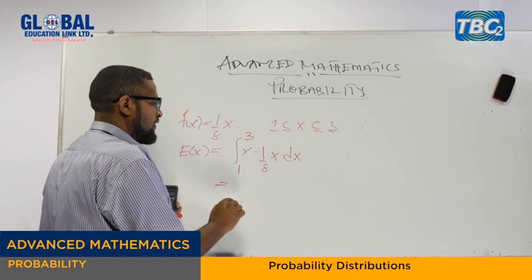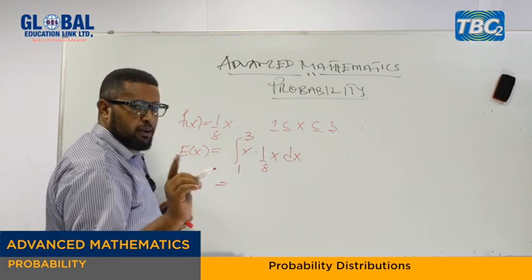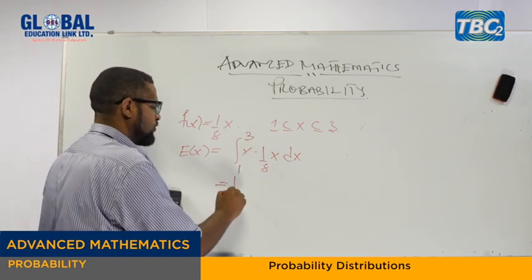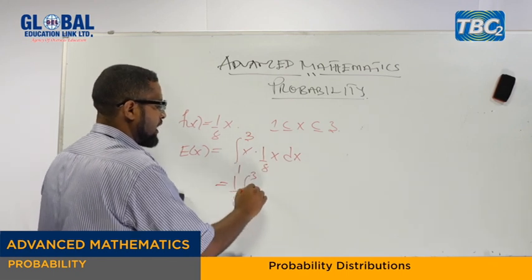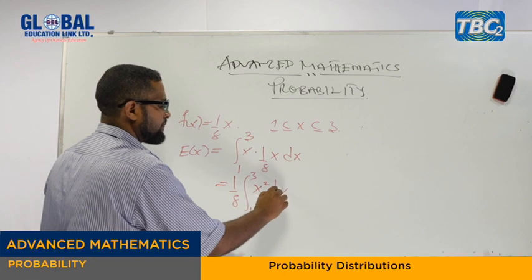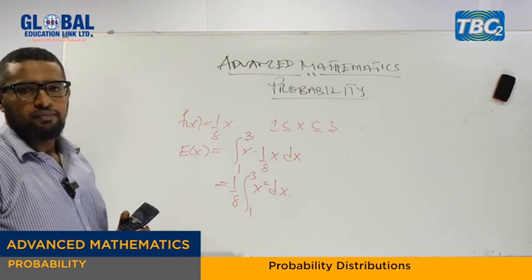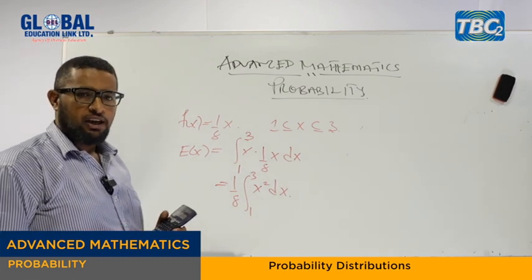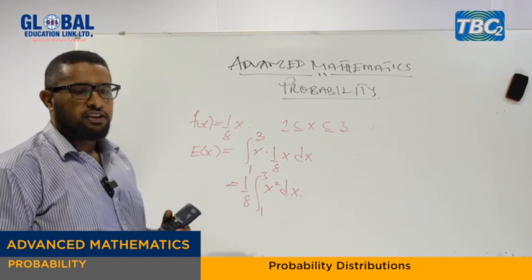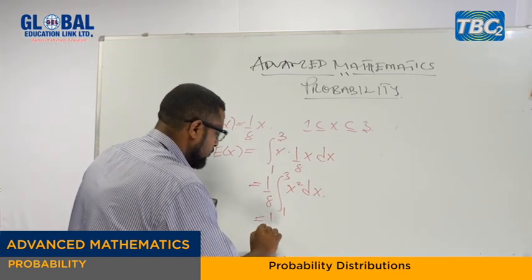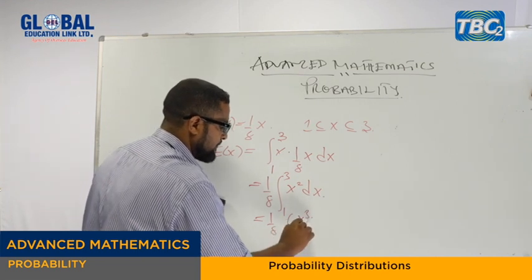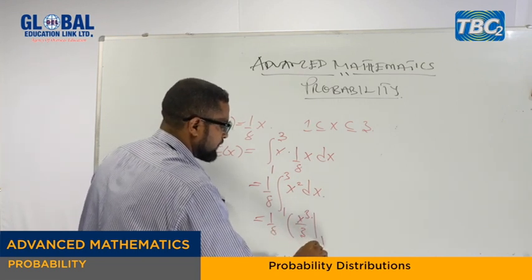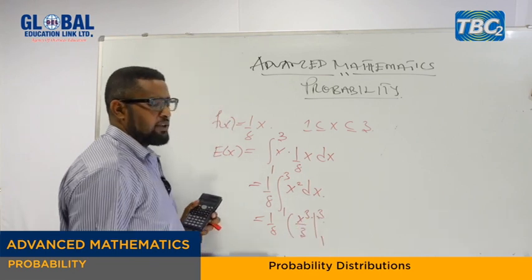Now upon simplifying, because 1 over 8 is a constant number, take it out of the integral. So 1 over 8, 1 to 3, and this becomes x square dx. Now we are going to integrate. So we'll have 1 over 8 times the bracket of x power 3 over 3 from 1 to 3.